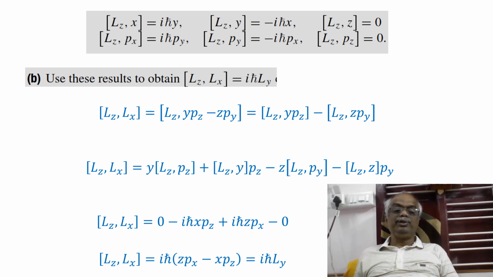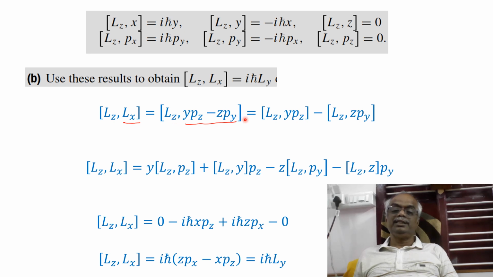So you expand this Lx. Lx is ypz minus zpy. So this can be expanded, and I can separate this into two commutators. That is [Lz, ypz], and [Lz, zpy], that minus I am taking out.